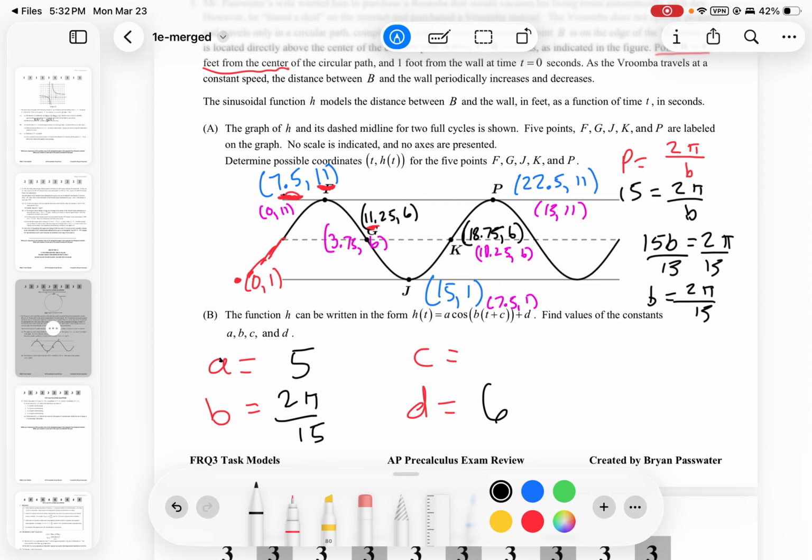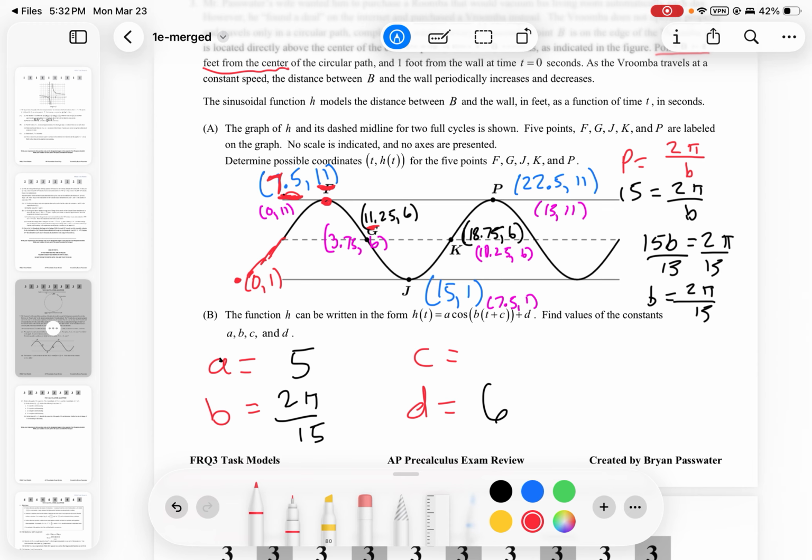Now, remember, the cosine starts at a maximum, so I start here at a maximum at 7.5, comma 11. So we went 7.5 to the right, because we're starting here at 7.5. So how do we go 7.5 to the right?